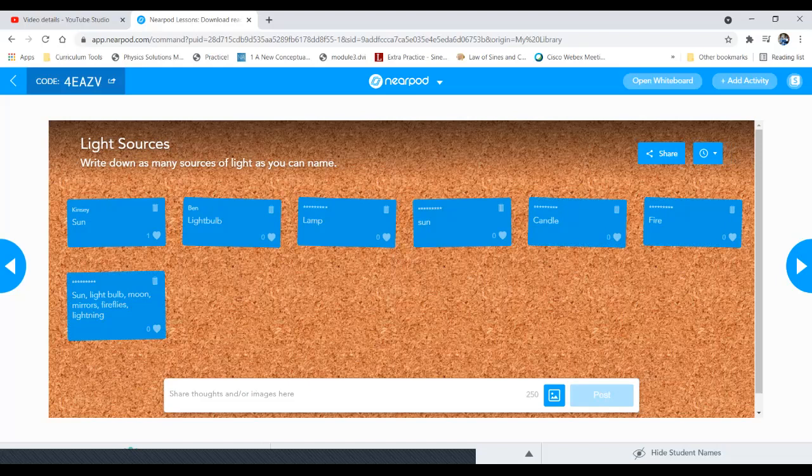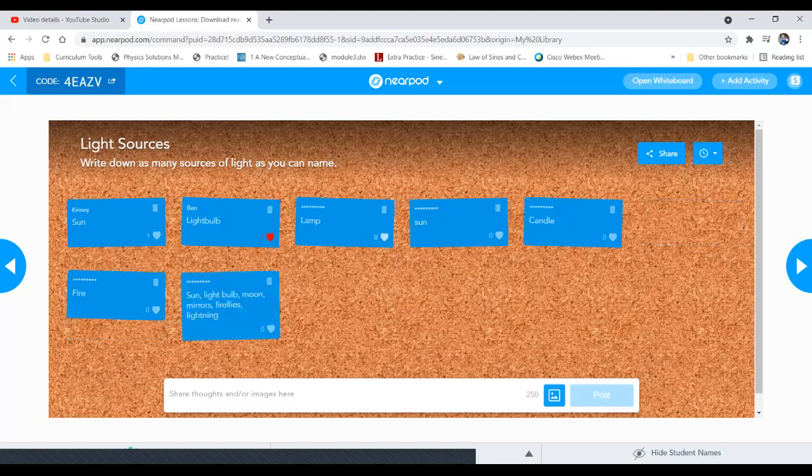I see the sun, a light bulb, a lamp. I see a candle, good, which is fire. Jenna gave me a whole ton of them. A light bulb, the moon. So how does the moon provide us light?